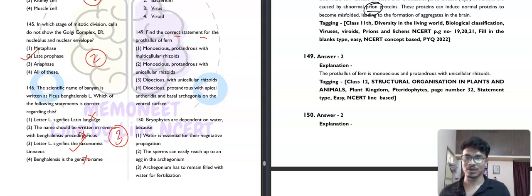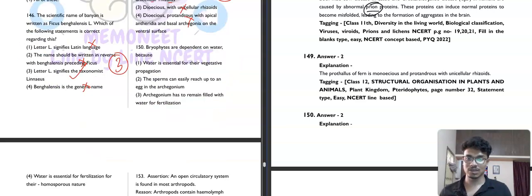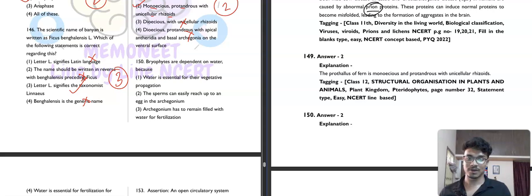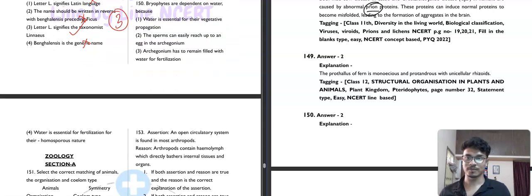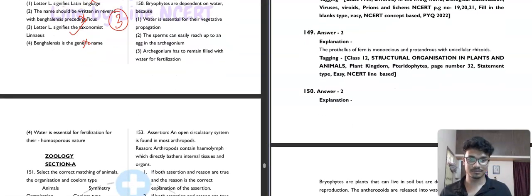Okay, this is the correct one. They are monoecious, they are protandrous with unicellular rhizoids. The second option will be your correct answer. They are not dioecious. Then question number 150, the last question of botany. So we'll see this.